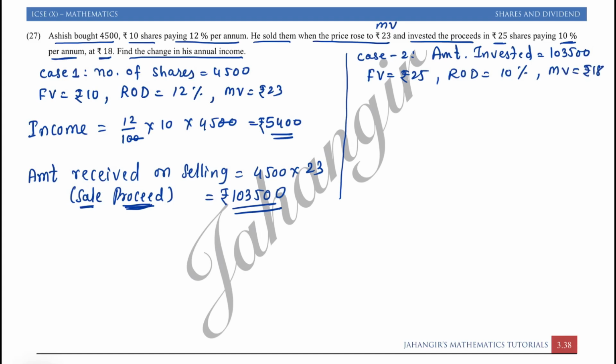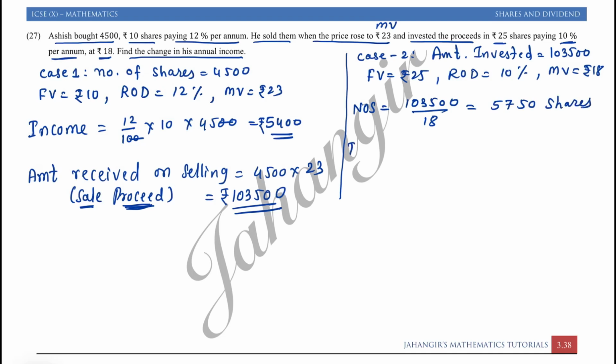So this is just information. Now before finding income, we have to find the number of shares, because we don't know the number of shares in the second case. The number of shares is amount invested upon market value. So 1,03,500 upon 18. 18 is the market value. After dividing you will get 5750 shares.